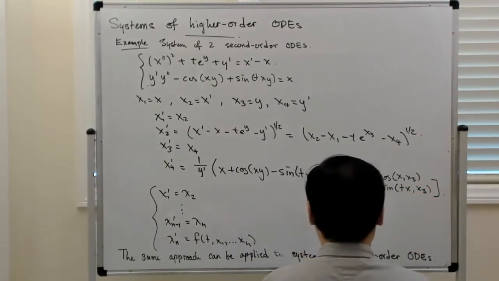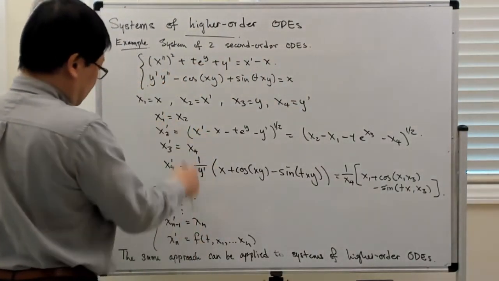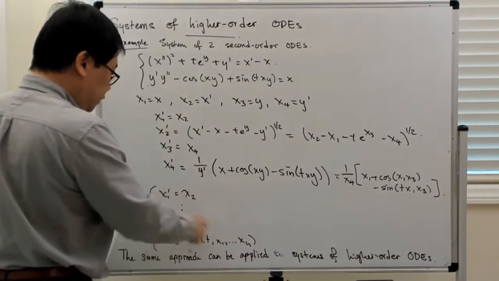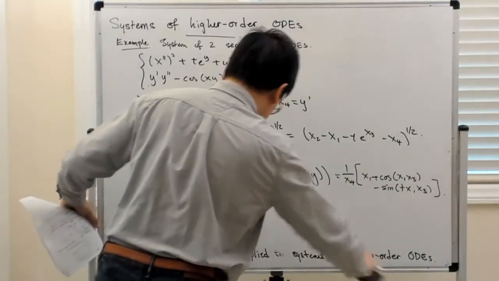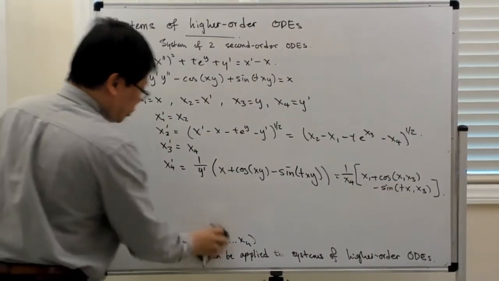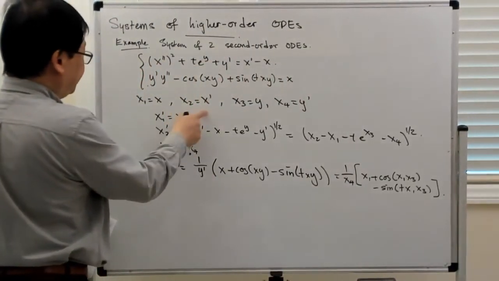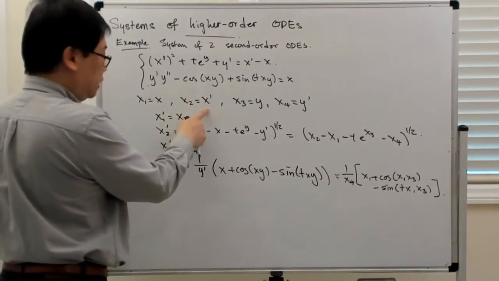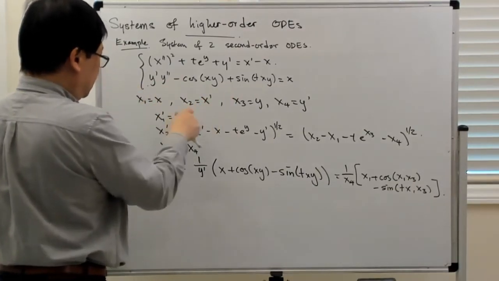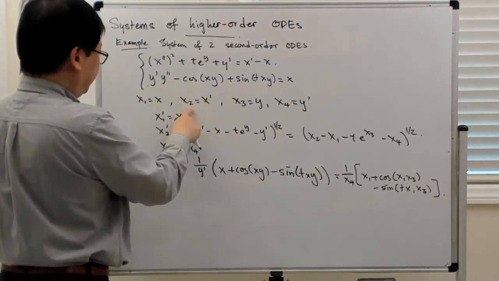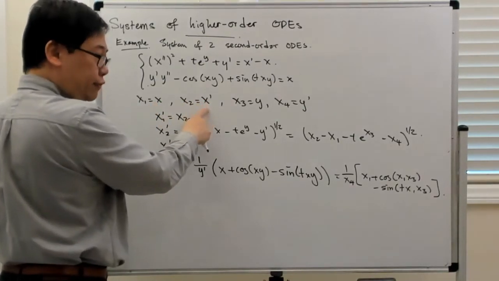Okay, so hopefully you get the idea. We didn't write down the most general form of systems of higher order differential equations, but this example should illustrate the basic idea. You do what you would have done if there was just a single higher order differential equation, which is that you write down x1 to xn, which involves the (n-1)th derivative of x.